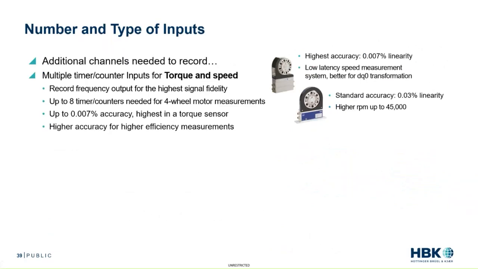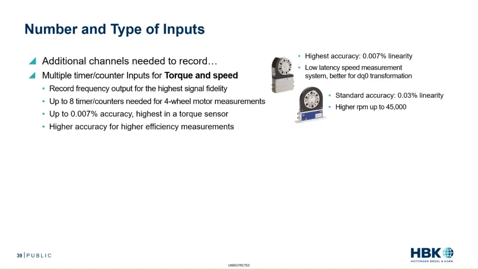Some other additional inputs that you may need include timer counter inputs for torque and for speed. Certainly, there may be applications where you can only record analog torque because maybe your torque transducer only has analog output. But ideally, you want a torque transducer that produces a digital output because that's going to provide you with noise immunity. So you want to be able to record frequency output from a torque transducer for the highest signal fidelity.